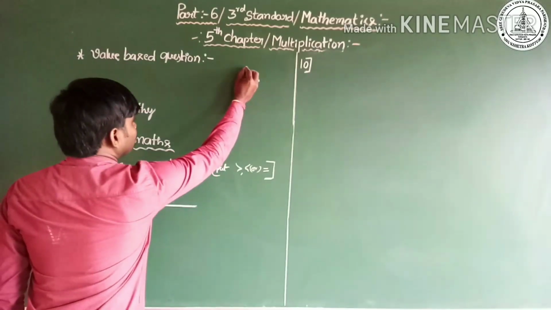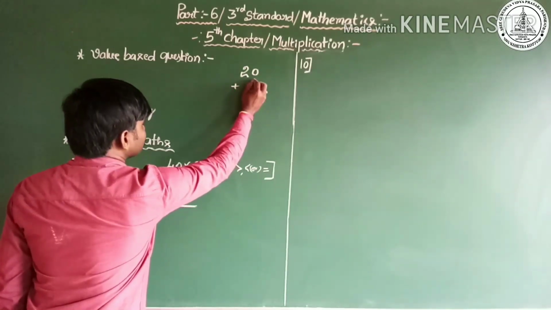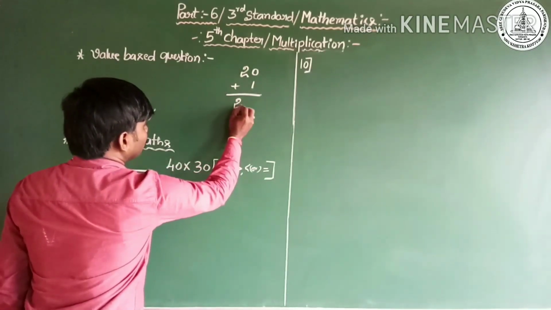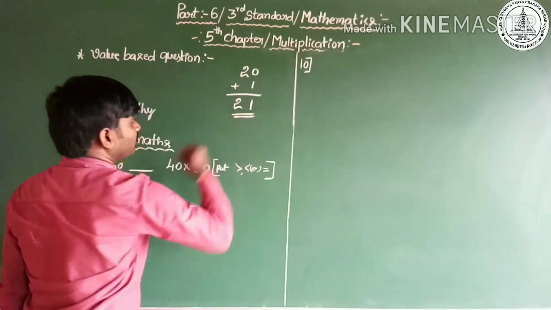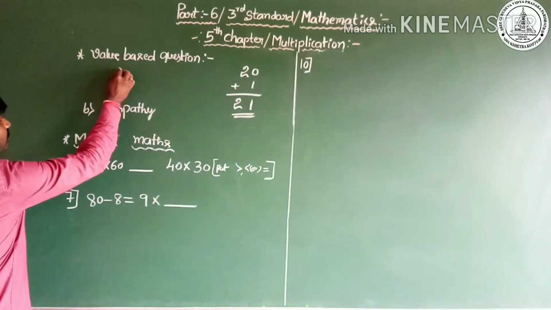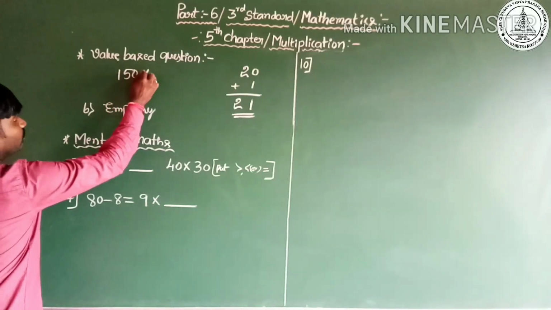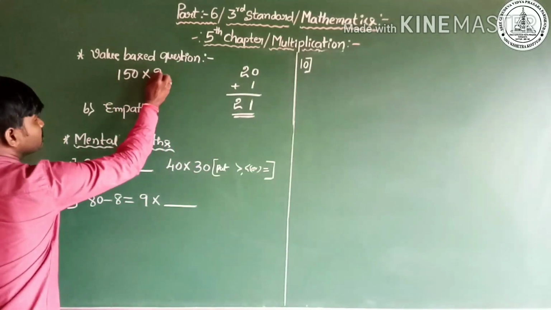Ankur's other friends are 20, you add Ankur also, so total friends giving money is 21. Each friend gives 150 rupees. How much, dear student? 150 rupees into total friends, 21 friends.